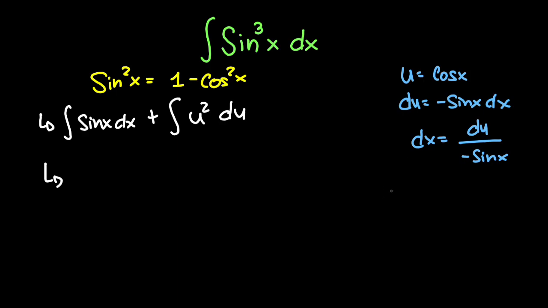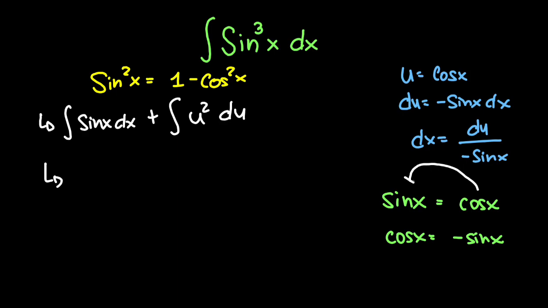know that the derivative of sine of x would be equal to cosine of x, and the derivative of cosine of x is equal to negative sine of x. And so the reverse can also be the same. The integral of cosine of x is equal to sine of x, and the integral of negative sine of x would be equal to positive cosine of x.